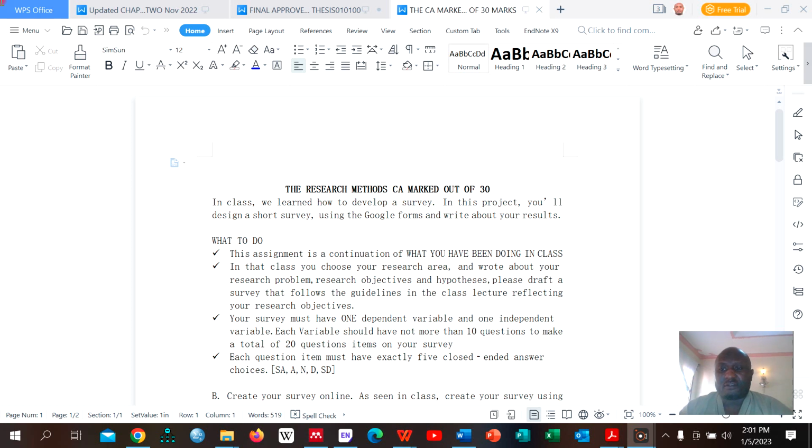I have got a few students coming in my inbox to state to me that they don't seem to understand what is required of them in this assignment, which you are supposed to submit on the Moodle platform on the 10th of January 2023, which is next week on Tuesday.